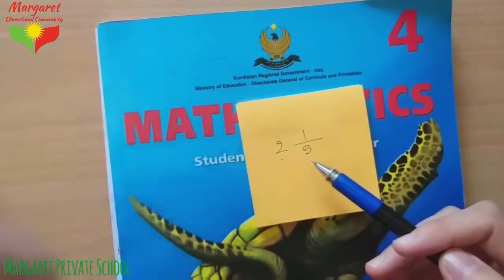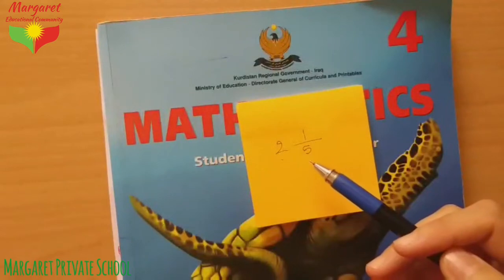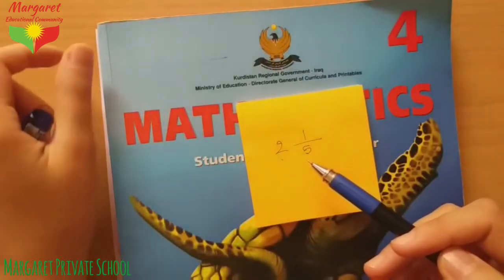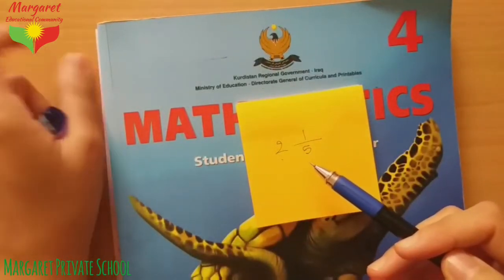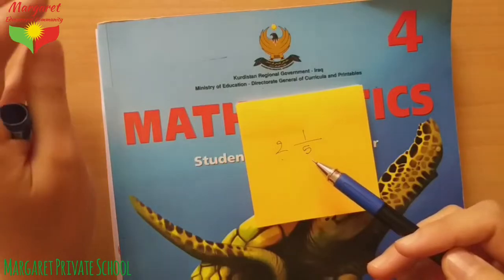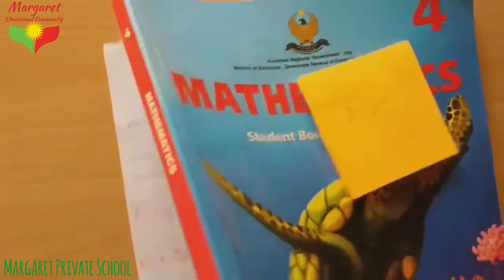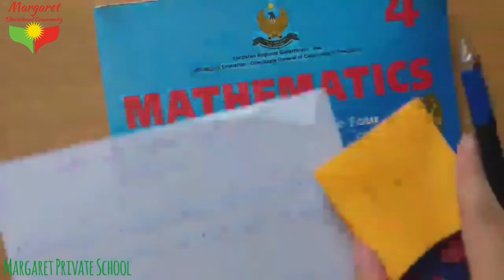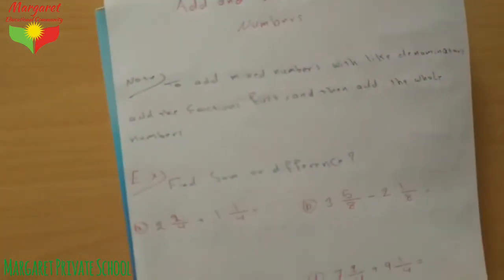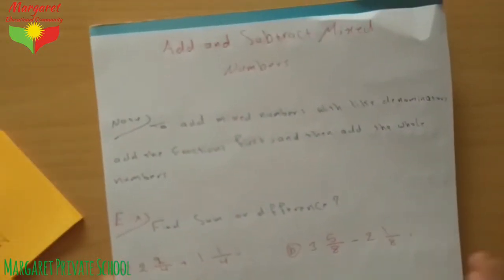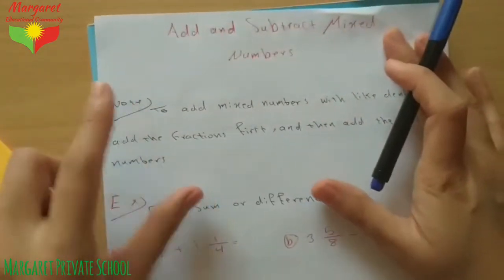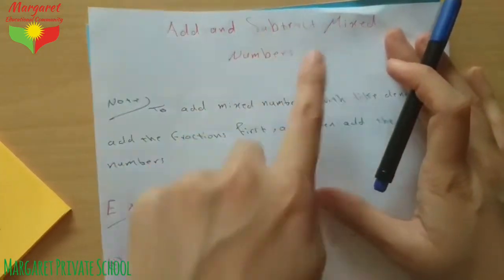Now from lesson we learn how adding two mixed number, okay, and how subtracting two mixed number. But now let's start to explain new subject. It's called add and subtract mixed number.